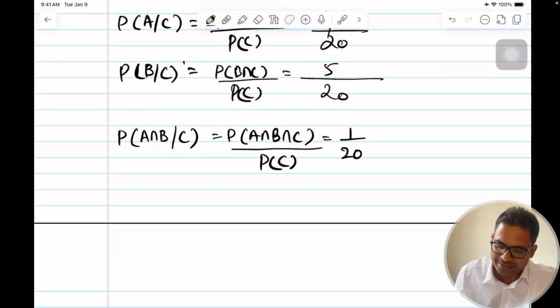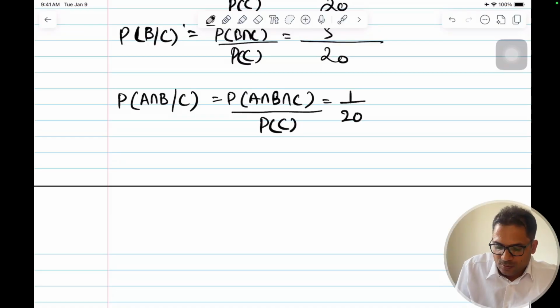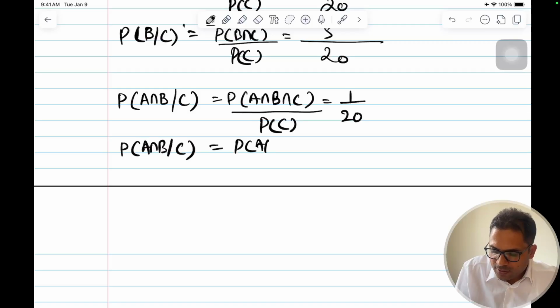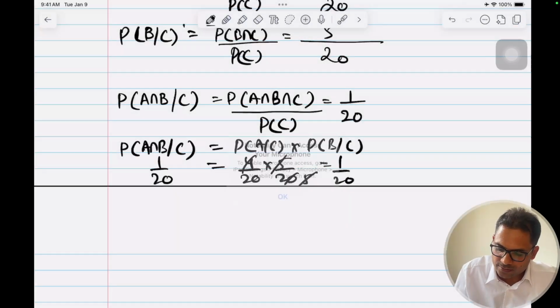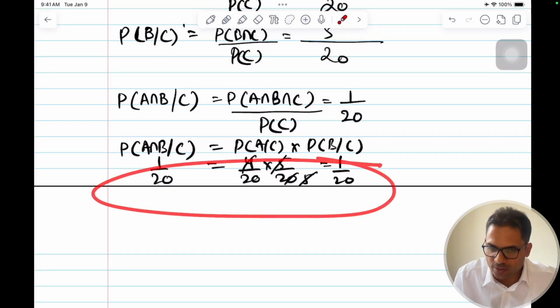Now if you see, probability of A intersection B conditioned on C is equal to probability of A given C into probability of B given C. This is 1 by 20, which is equal to 4 by 20 into 5 by 20. 4 times 5 is 1 by 20. So both the sides are equal.